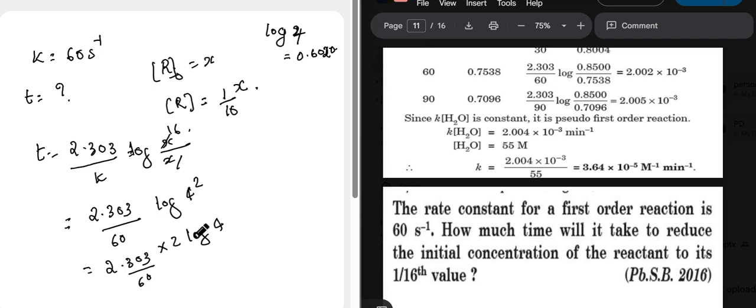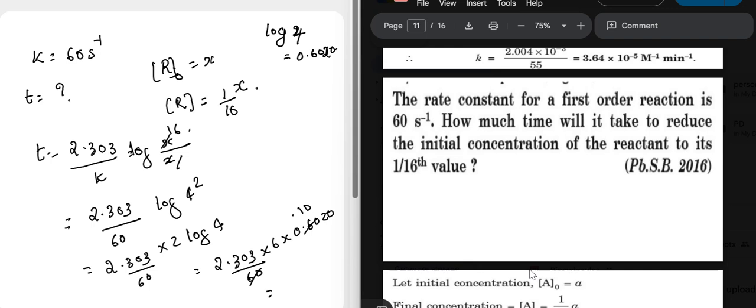Log 4 value is 0.6020. Again, a little bit of approximation we can do. 60 into 0.60, so we can take it as 0.10, or 60 into 10 raised to minus 2 will come. So we can calculate this. The rest you just have to multiply. 2.303 into 6 into 10 raised to minus 2 will become the answer.